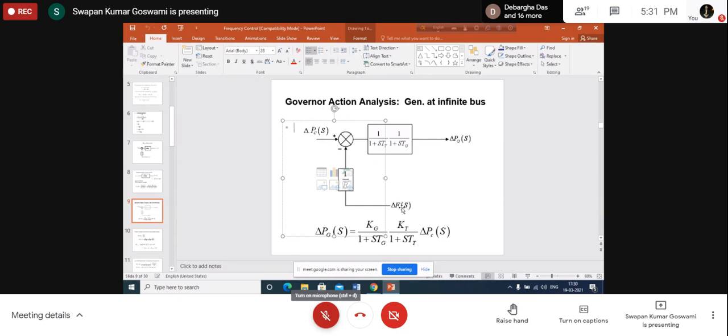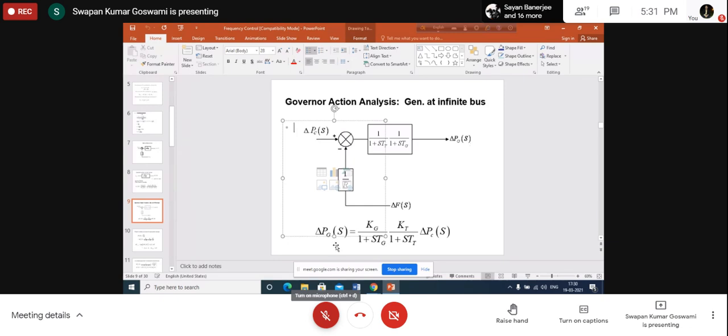Since delta Fs is zero, what is the relation between the power increase command and the power output of the generator, or the mechanical power input to the generator? We can say that this is also the power output of the generator, provided the generator is represented by a transfer function equal to 1. For now we are assuming that. Okay, if that is so, then what is the relation between the power increase command and the power output?